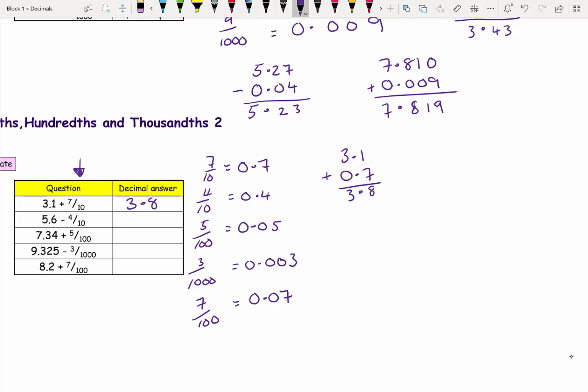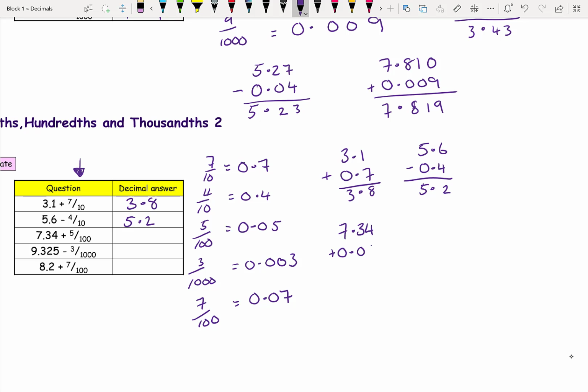Next one, we've got 5.6 minus 0.4. And again, all we're doing is taking the decimal that the fraction is the same as. So I keep my decimal points in a line here. 6 minus 4 is 2. 5 minus 0 is 5. And so we've got 5.2.